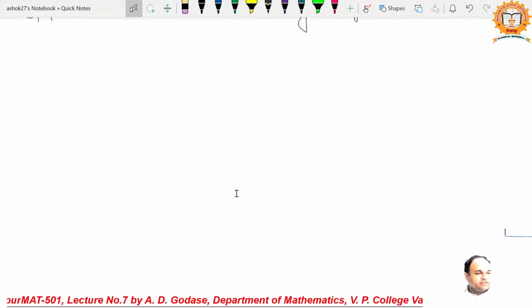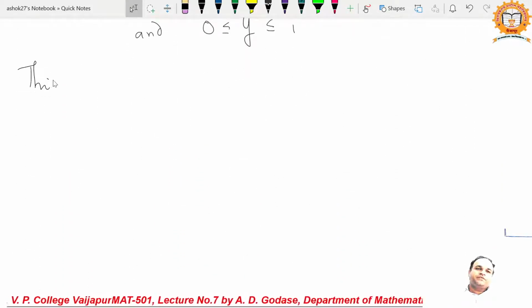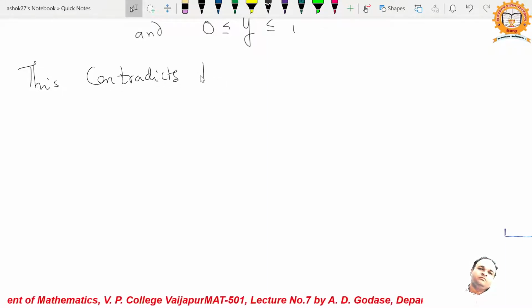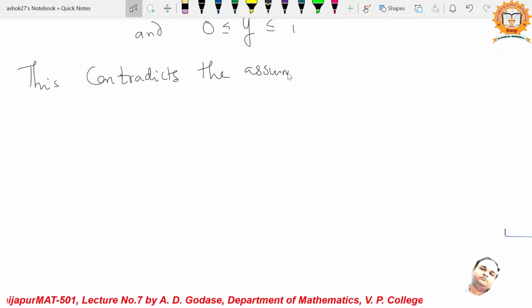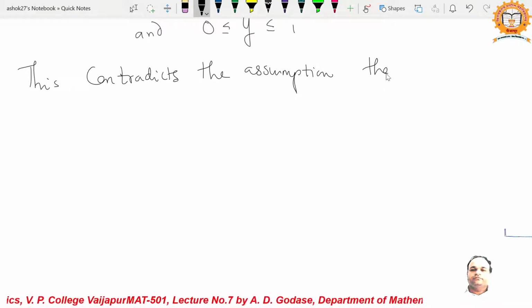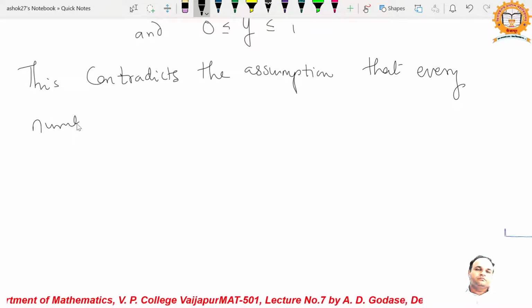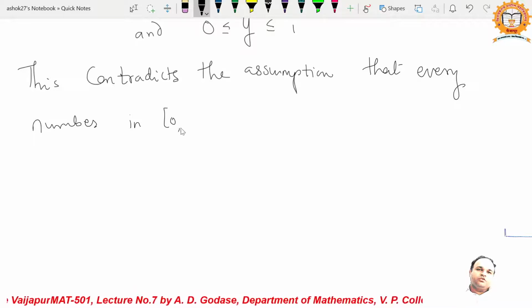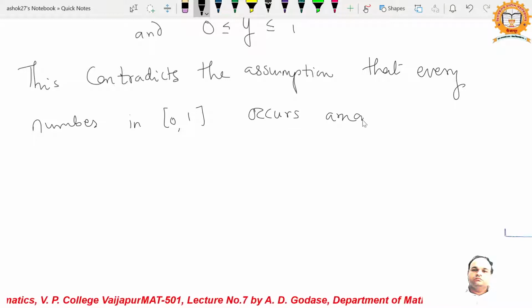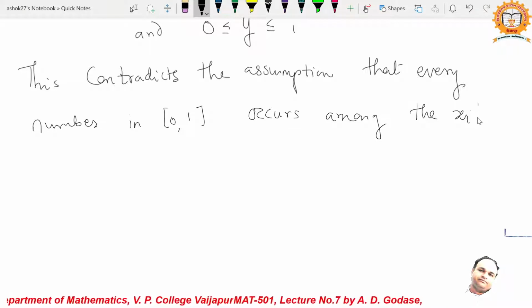So what we get? Hence, this contradicts the assumption that every number in the closed interval 0 1 occurs among the xj's or xi's.